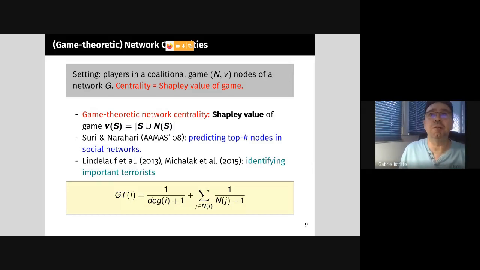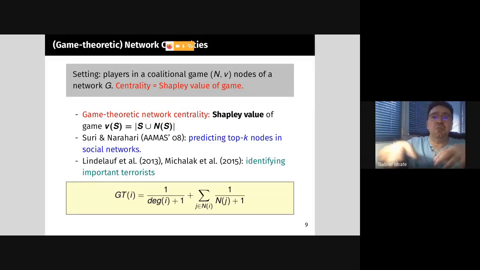It's basically the following. Each player gets one unit, and then he or she divides a unit equally between the player and its neighbors. So he keeps 1 over its degree plus 1, because that's the fraction. It divides it equally.